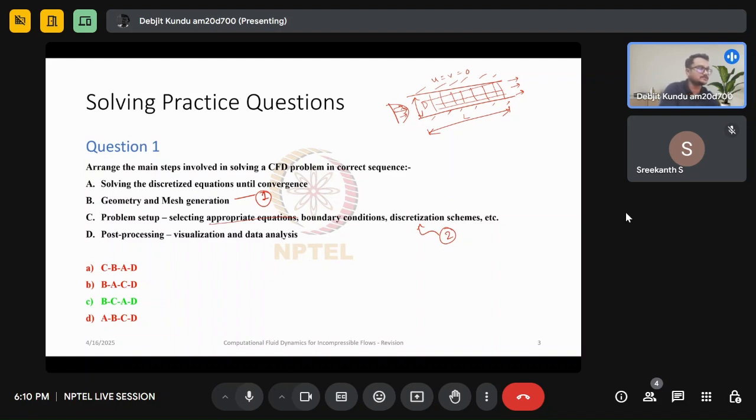And the third step is to, once you have all this, solve the discretized equations using whatever scheme you decide until convergence, and that gives you the solution. Now the solution is in the form of numbers, just matrices of numbers.